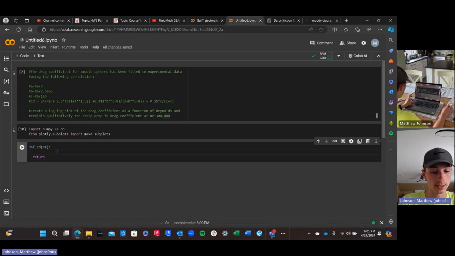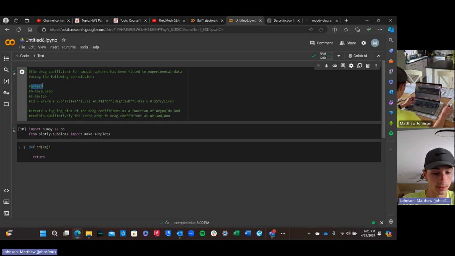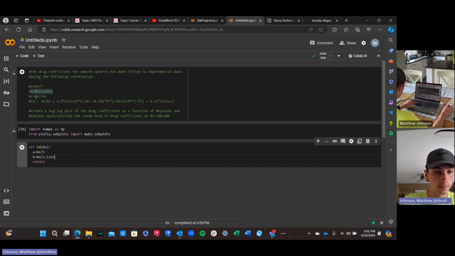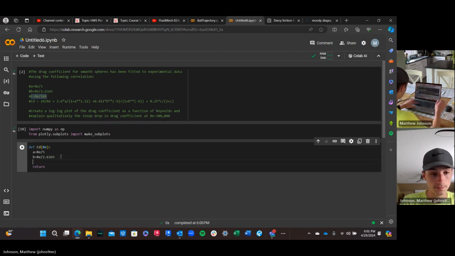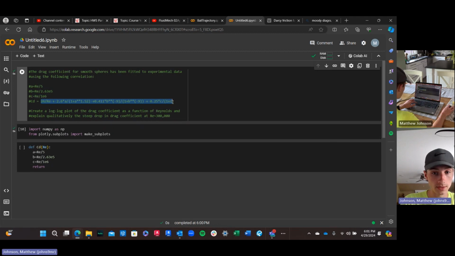So actually, it's going to be pretty easy. All we have to do is copy and paste this kind of information right in here. I'm going to take this coefficient that they gave us from the data and put it in here. And this one. And then finally, we want to return this value.